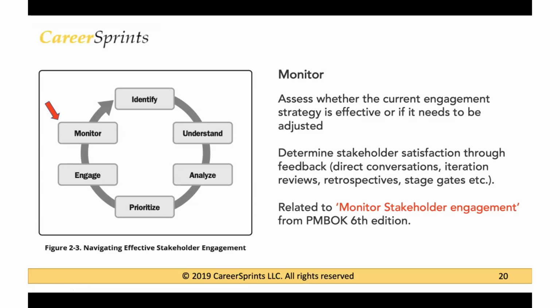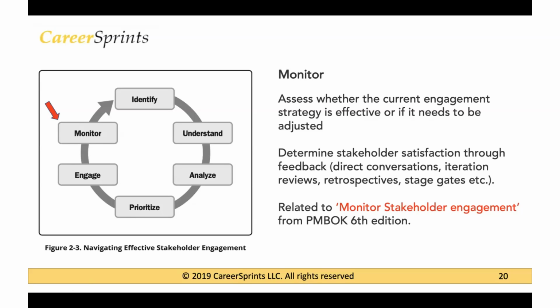A simple way to check this would be maybe to call up the person if you have their number. Right? Maybe you check on the person and ask them whether you read the email, what you understood about the email, whether you agree to it or not, do you have any comments, and so on and so forth. So the project manager needs to constantly monitor how communication is happening.